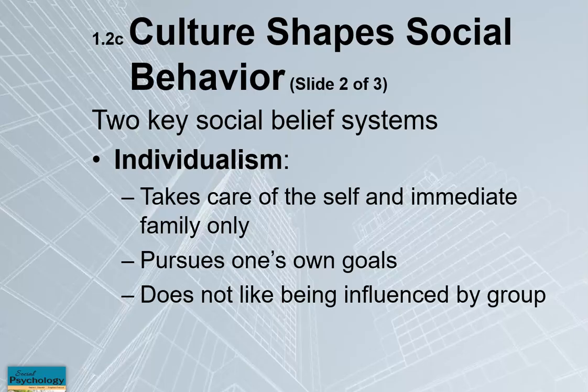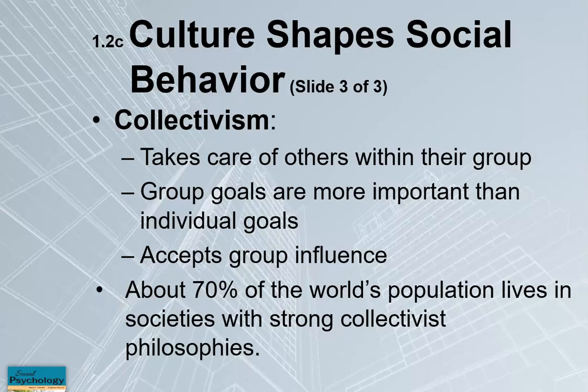Skipping forward, there are two key social belief systems in regard to social behavior. There's what's called individualism, taking care of ourselves and immediate family only, pursuing one's own goals. A person engaging in individualism doesn't like being influenced by groups. They say, I make my own decisions. On the other hand, there's what's called collectivism.